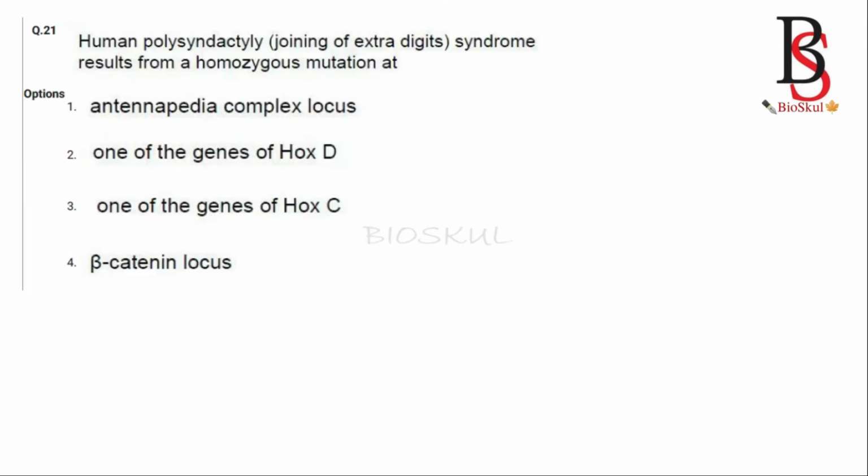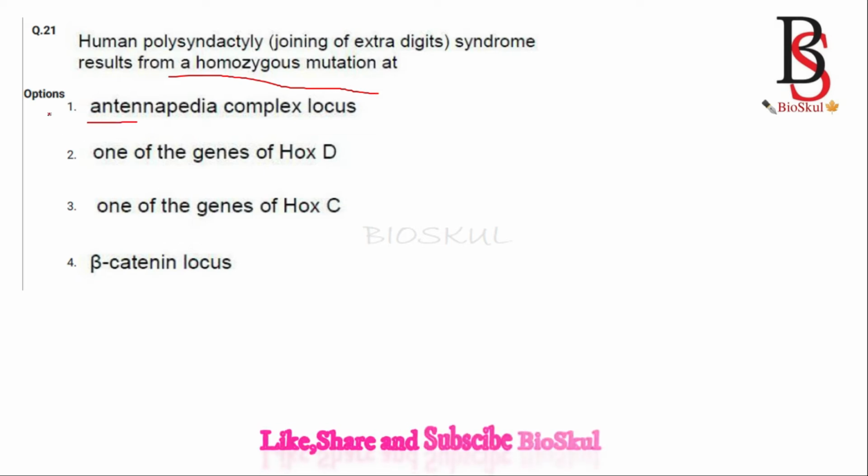Okay. Now move to question 21. Human polysyndactyly, that is the joining of extra digits, a syndrome that results from a homozygous mutation. So it will be because of the mutation of the Hox gene. So there is no involvement of the antennapedia complex.